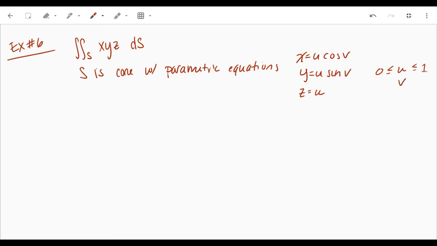And v, you can probably imagine, if we're going to go all the way around, would be 0 to 2 pi. We're just going to do this one 0 to pi over 2, so we're only in the first octant here. If you can picture this, the parametric equations in x and y give you circles from a radius of 0 to a radius of 1, but only in the first quadrant.